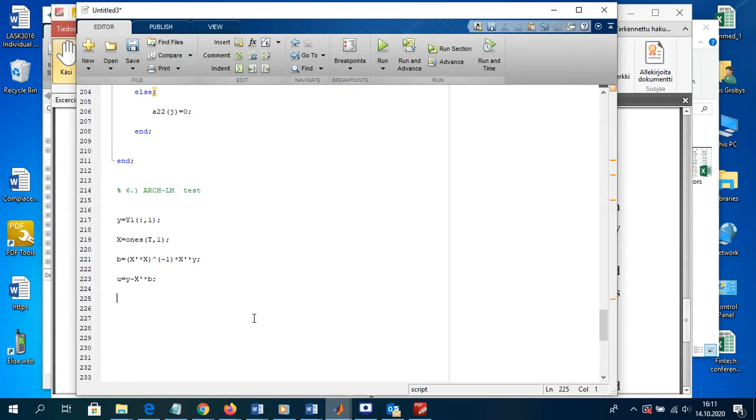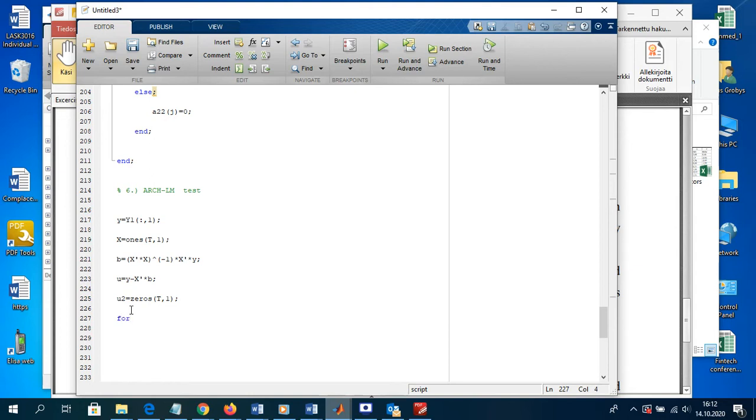Now we have to construct the auxiliary regression that we need for the test statistic, as we hopefully remember from the lectures. So we create a vector, let's call it U2, and what we want to store in here are the squared residuals from the mean equation, because we need them for setting up the test statistic. So U2 is equal to zeros T by 1, which has the same dimension as our residual vector, of course.